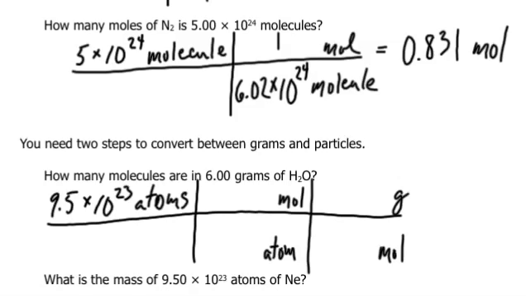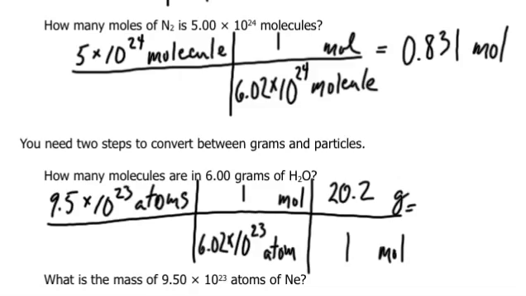Alright, so to convert between atoms and moles, Avogadro's number, 6.02 times 10 to the 23rd atoms is 1 mole of atoms. And then if you look up neon, which is what this question is dealing with, you see that neon is about 20.2 grams in 1 mole.